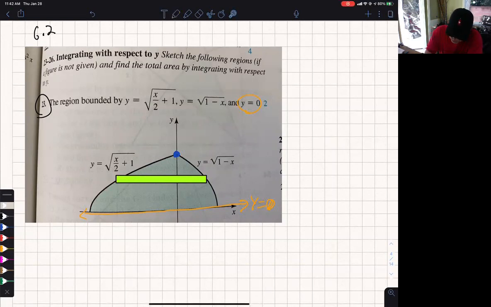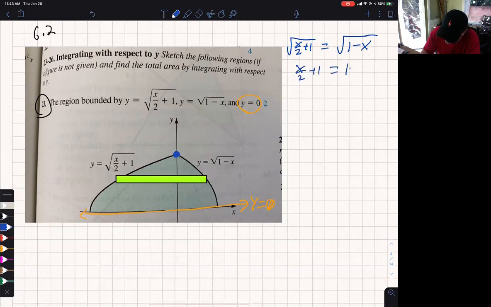But what's that blue point there? That's where the functions are equal to each other. I would give you a point for setting these equal to each other to find that intersection point. Okay? So I'm going to square both sides, so I get rid of the square roots. Now, I hate fractions, so I'm going to multiply both sides by 2 to eliminate the fractions.